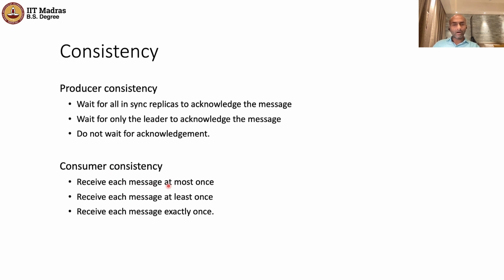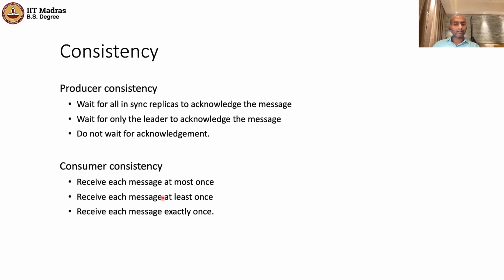The first is, are you receiving every message at most once? Which means you might not receive a message sometimes, but you're guaranteed that you're not going to get the same message twice, right? That could be useful for certain kinds of data, like payment. But again, what does it mean to not receive payment every now and then? You have to work it out in your context.